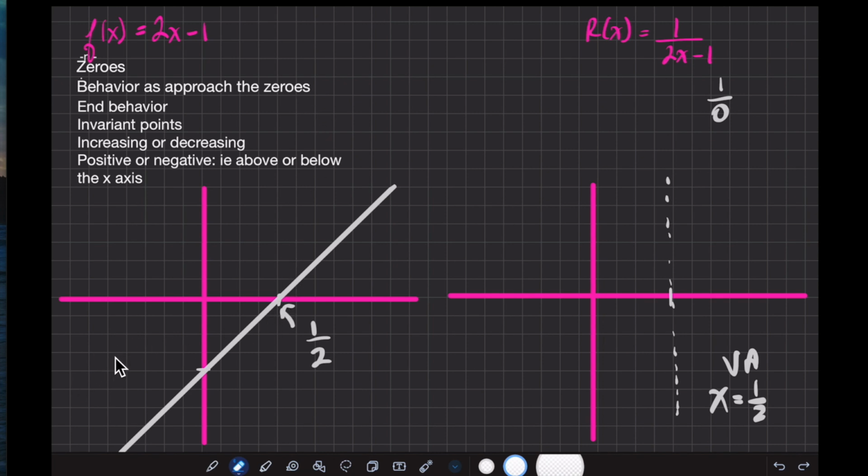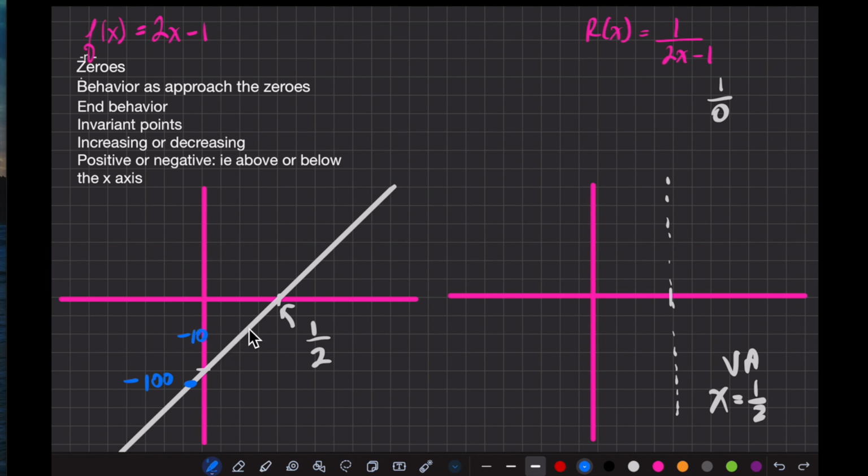We're first going to approach from the left. All right, so let's look at what our y value would be down here. So we're going to say this y value down here is, let's call it, -100. As we move towards this 0, where x equals 1/2, the y value of the original function is still negative, but it's dropping down, say, to -10.